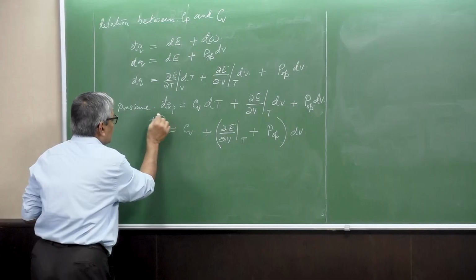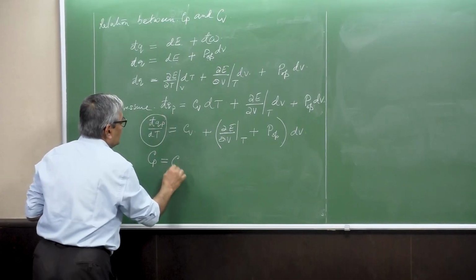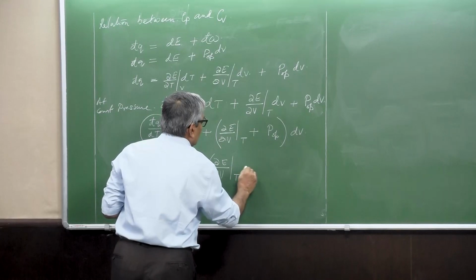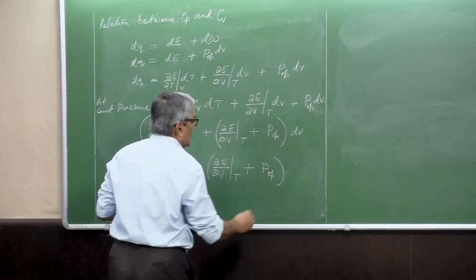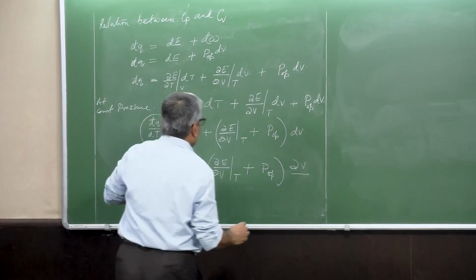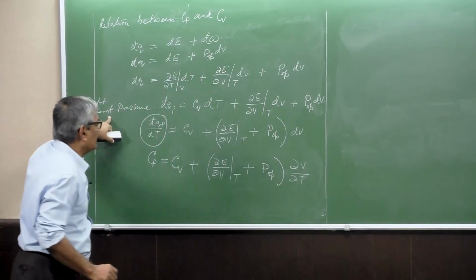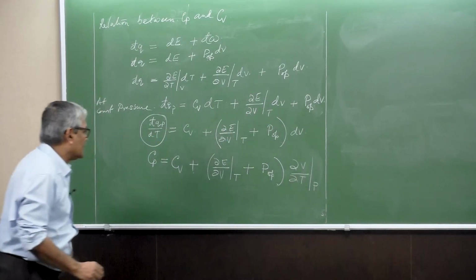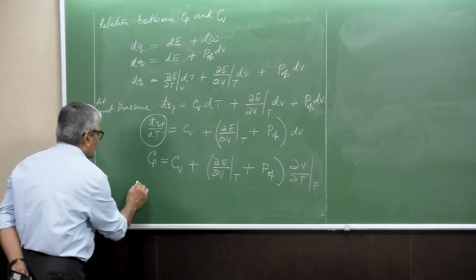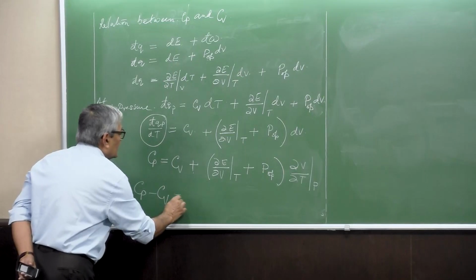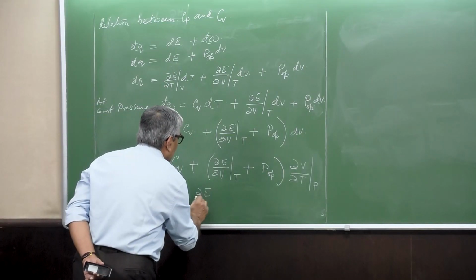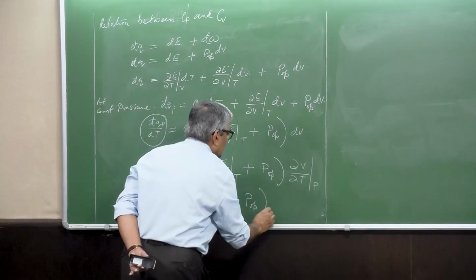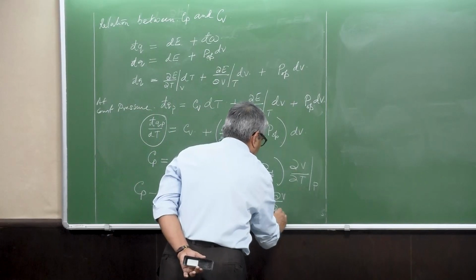By definition this is Cp. So Cp minus Cv can be written generally as (del E/del V) at constant temperature plus P opposing, times (del V/del T).